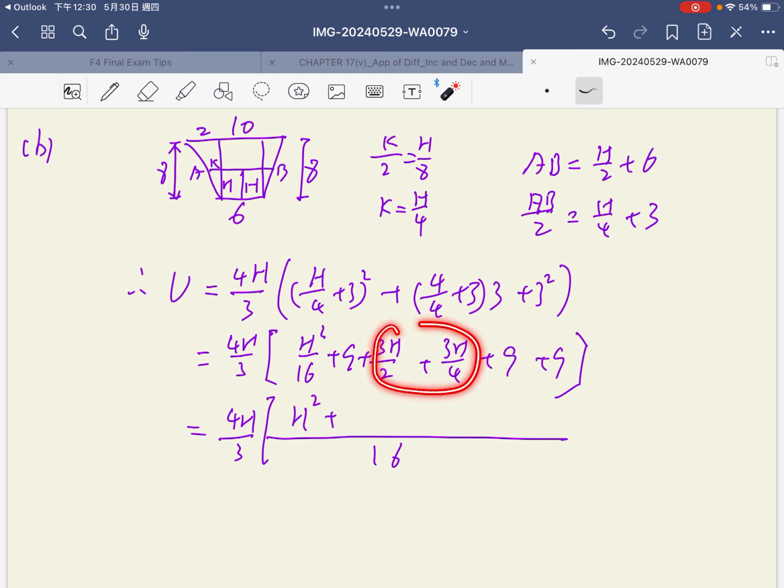Add these together, and the result is 36H, and also 27 times 16 is equal to 432.